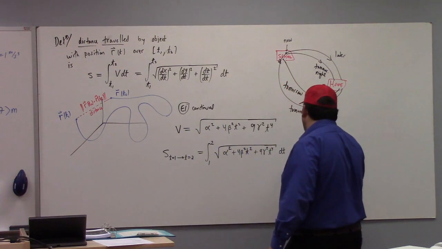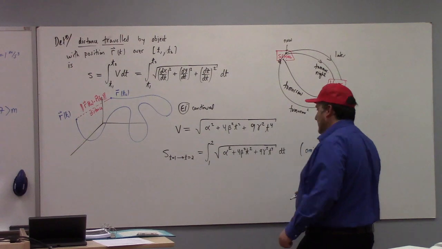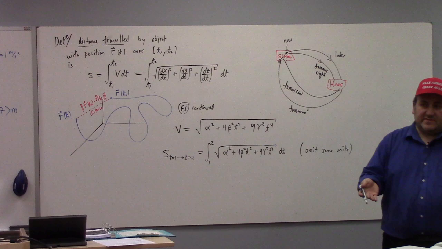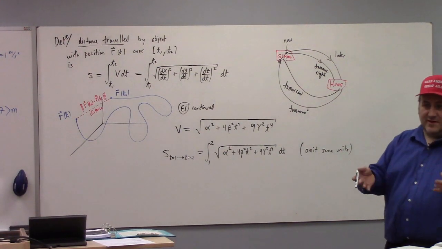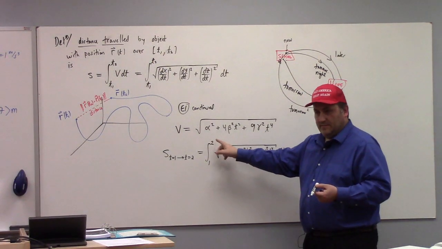And I am going to omit some units, if that's okay with you guys, on this kind of thing. Could we do this? I ask you on the test, find a formula for the distance traveled. You may omit some units. By that I mean you have the freedom to not write 1 second and 2 seconds here. All right?